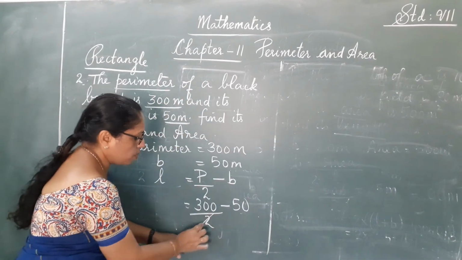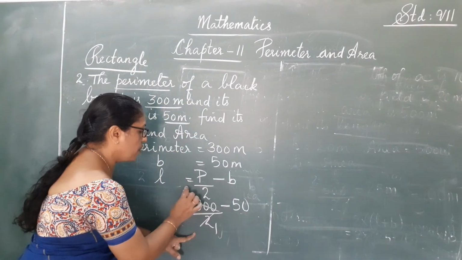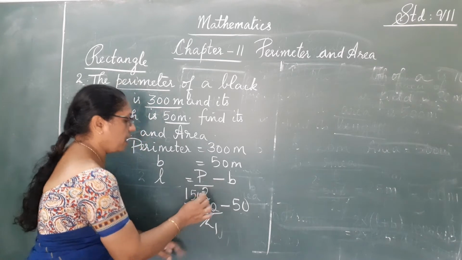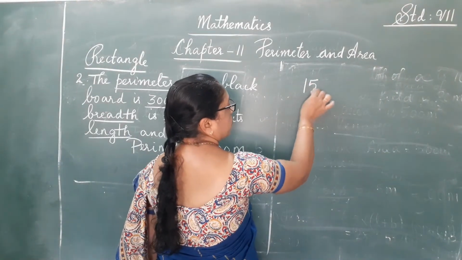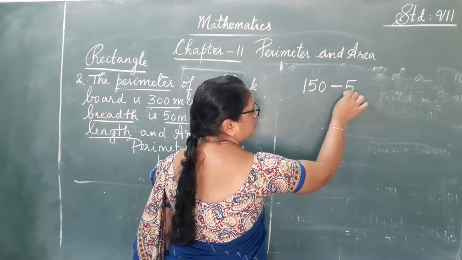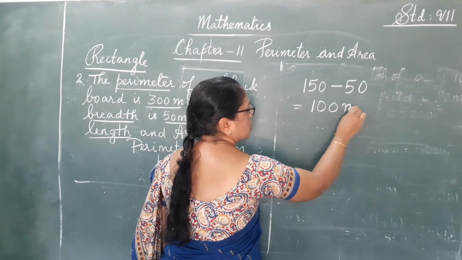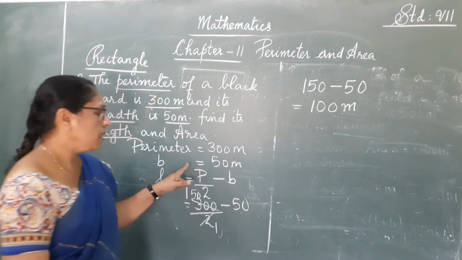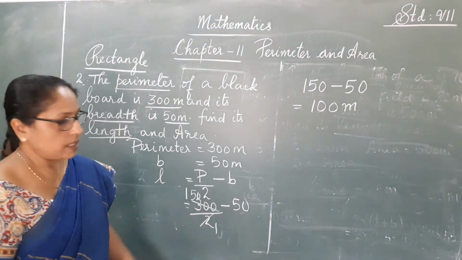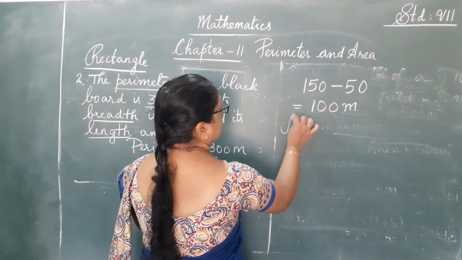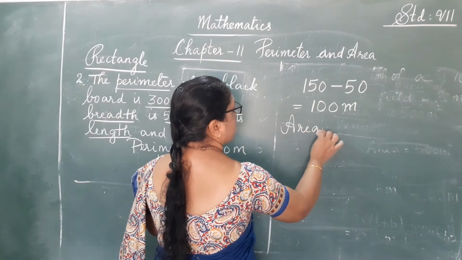300 divided by 2 is 150. So 150 minus 50 is equal to 100 meter. So the length is 100 meter and breadth is 50 meter. Now find its area. What is the formula?